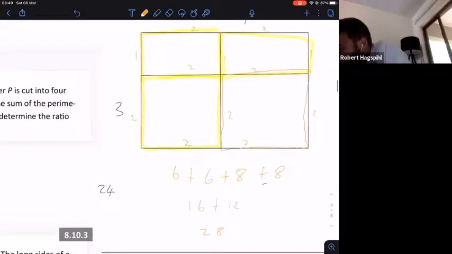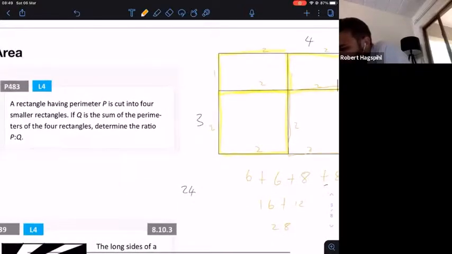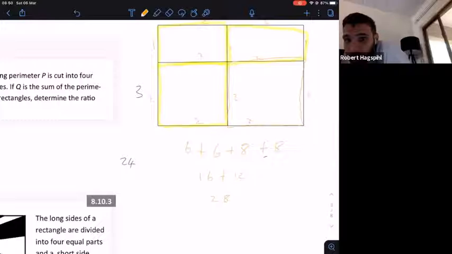Let me read the question again. So a square is actually a rectangle, Rayon.